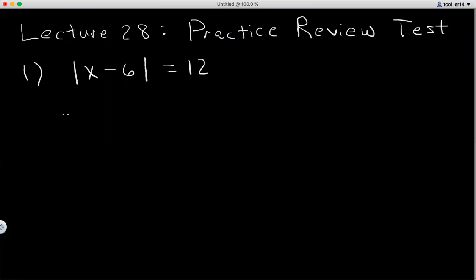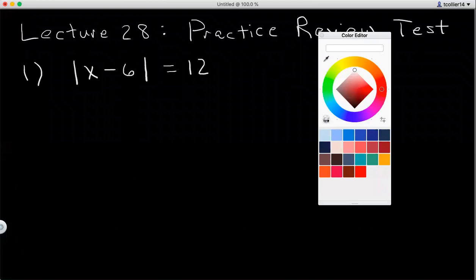For any absolute value equation, you want to make sure that you take whatever you can out of the absolute value sign the way it is. So I'm going to take this thing out, and it's going to be x minus 6. And over here I want to make sure that this part is plus or minus.